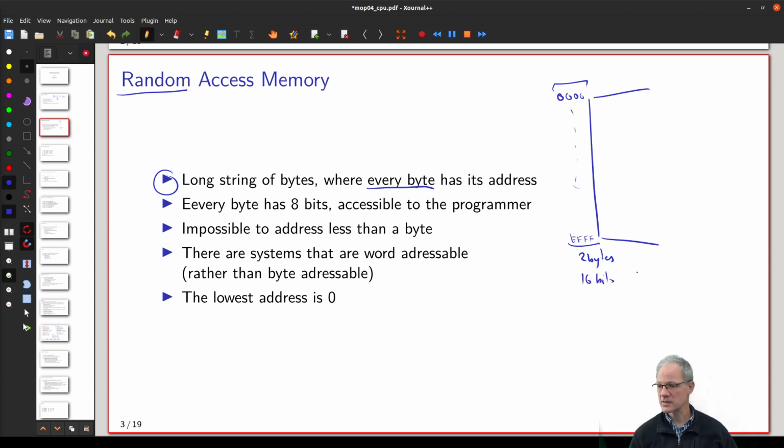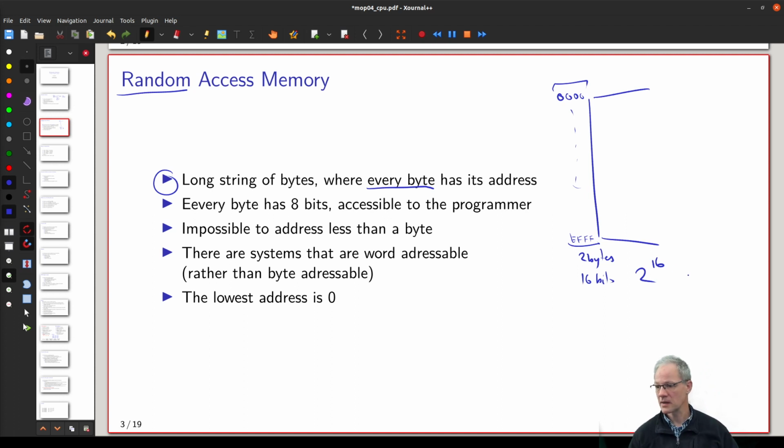Which in turn means that there are 2 to the power of 16 addressable units in this memory, bytes. And each byte is 8 bits, as we learned earlier, right? So this is not a very long memory. Some microcontrollers may have that, the smaller ones. So how much is it?